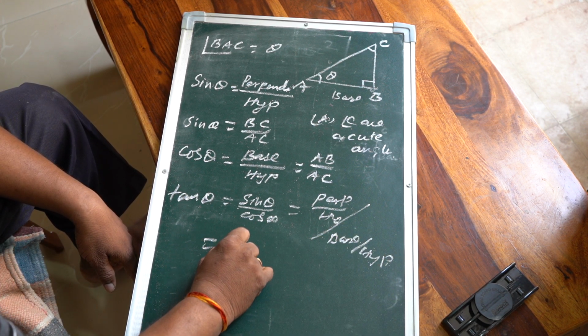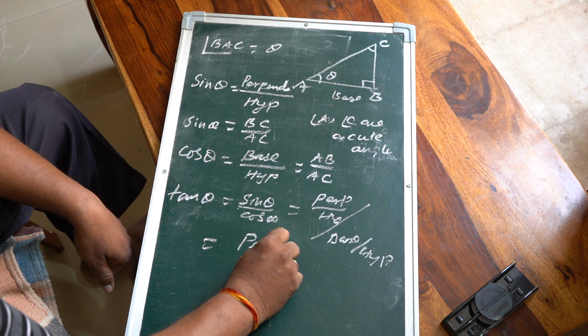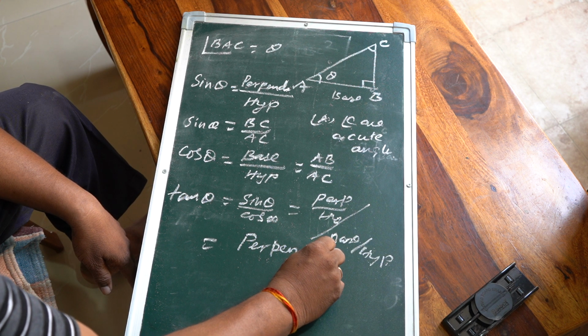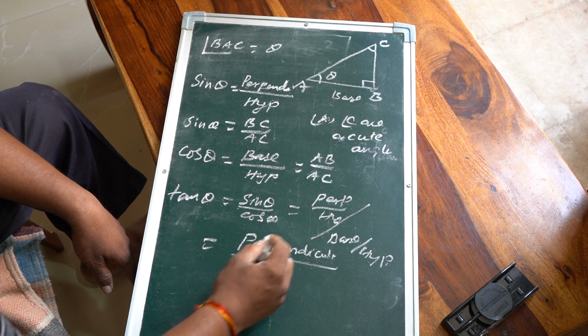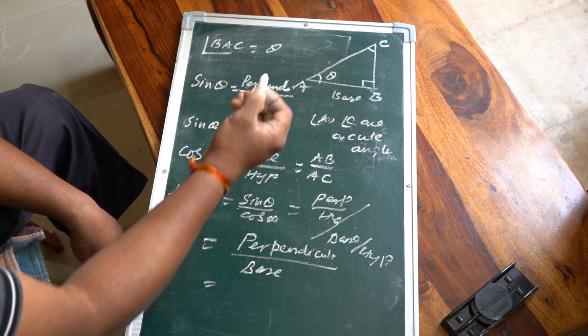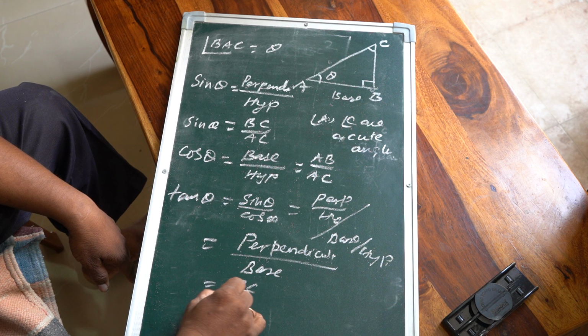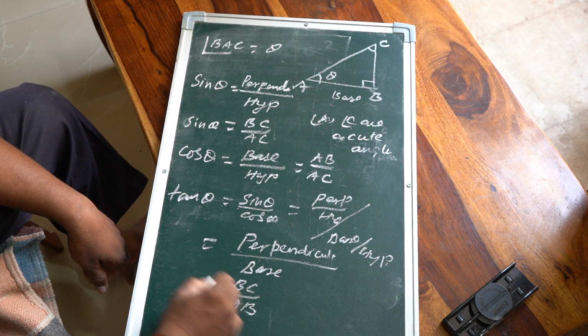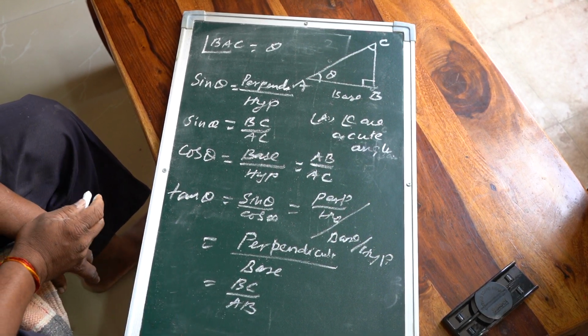So that is the perpendicular side by the base. The perpendicular is BC and the base is AB. So this is tan theta.